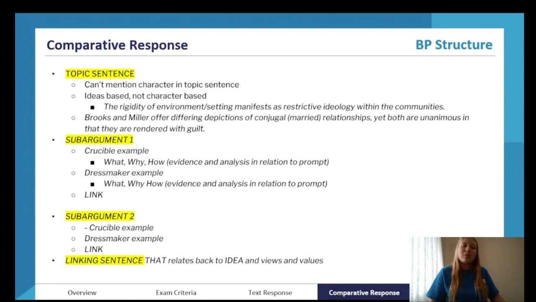And then we link them in, we say, therefore, here's the similarity between married relationships, but also there is this difference. And we identify what the difference is with that link. We lead into our second sub-argument, and this is where we discuss those distinctions in the message. And then eventually, we'll bring that back to views and values once we're finished.